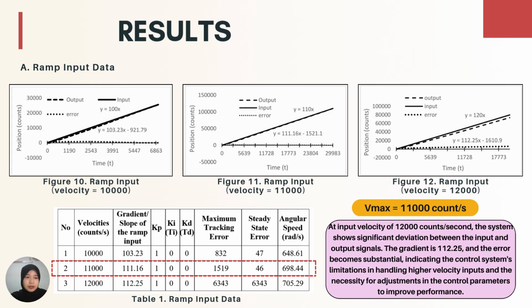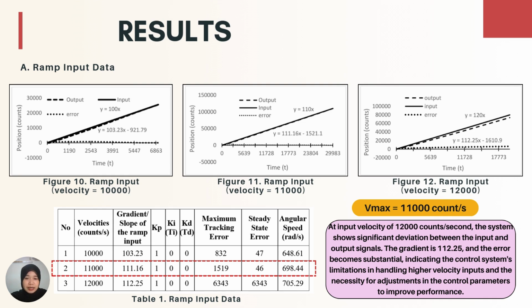Here are the results for the ramp input data. As you can see from the data, we have velocities of 10,000, 11,000, and 12,000 counts per second. Based on this, we found that the suitable maximum velocity is actually 11,000 counts per second. Why? This is because at the input velocity of 12,000 counts per second, the system shows significant deviations between the input and output signals.